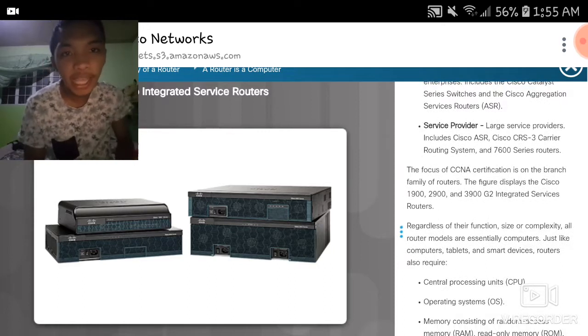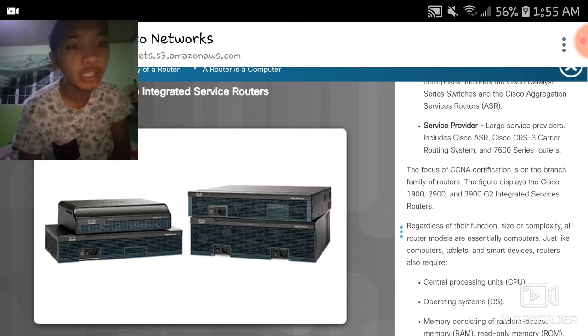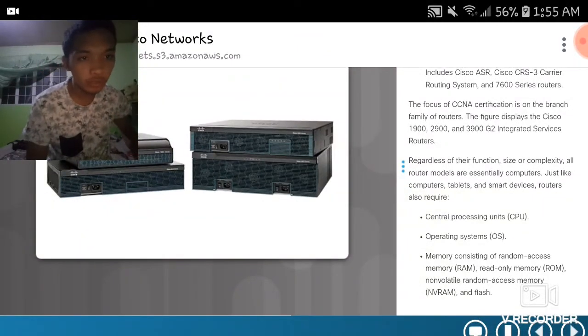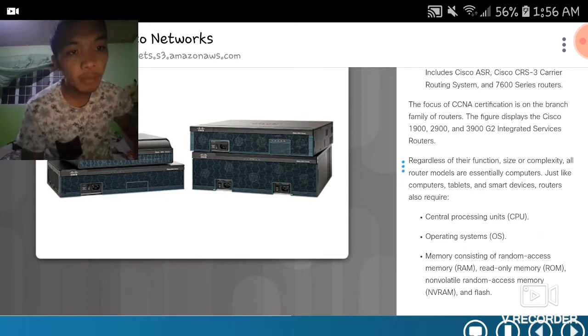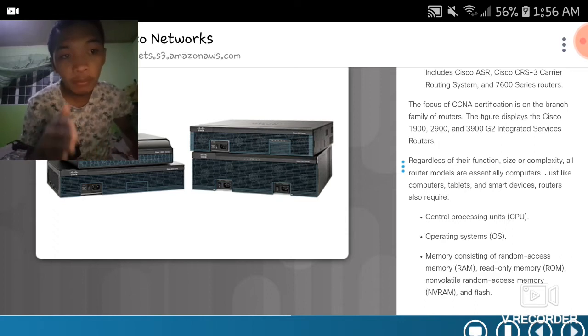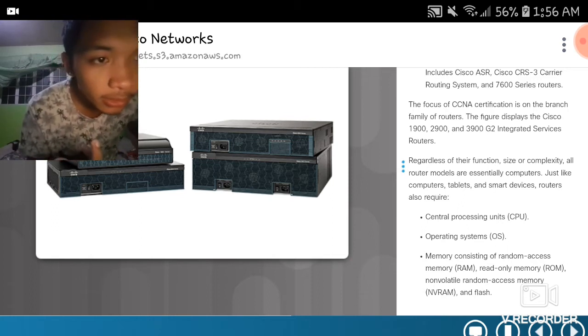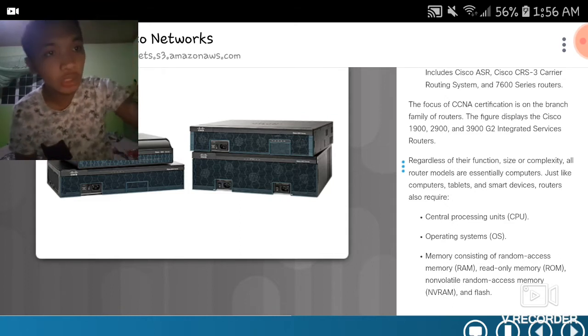The focus of CCNA certification is on the branch family of routers. The figure displays the Cisco 1900, 2900, and 3900 G2 Integrated Services Routers. Routers have a central processing unit or CPU, an operating system or OS, and memory consisting of random access memory or RAM, read-only memory or ROM, and non-volatile random access memory or NVRAM, and flash.